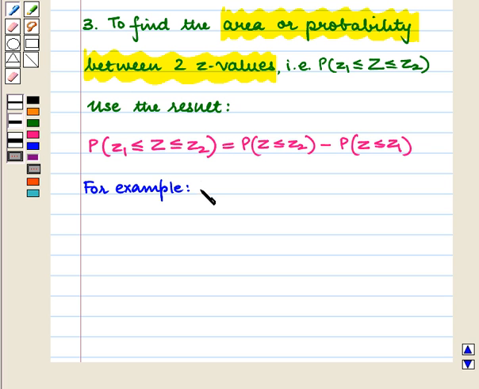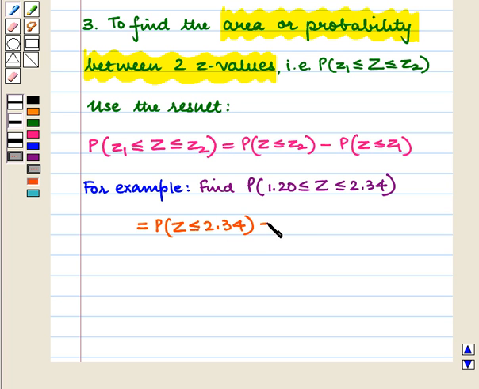For example, if we want to find the probability of z lying between 1.20 and 2.34, this is equal to probability of z less than equal to 2.34 minus probability of z less than equal to 1.20.